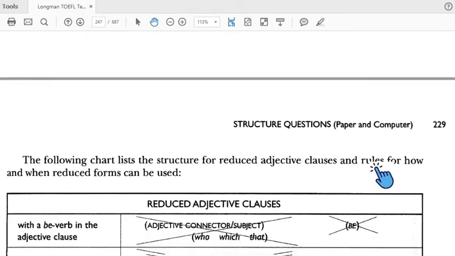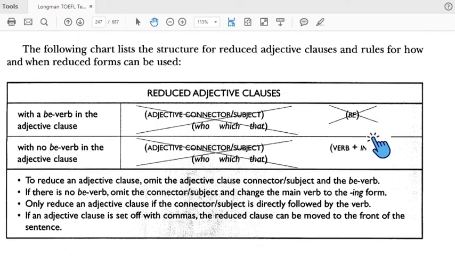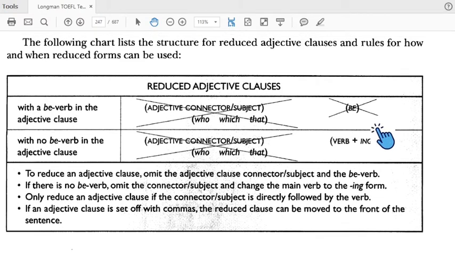We go back to the conclusion of reduced adjective clauses. Look at the result. Okay, reduced adjective clause. There are two ways. If the adjective connector subject who, which, that is followed by be, we erase both of them.